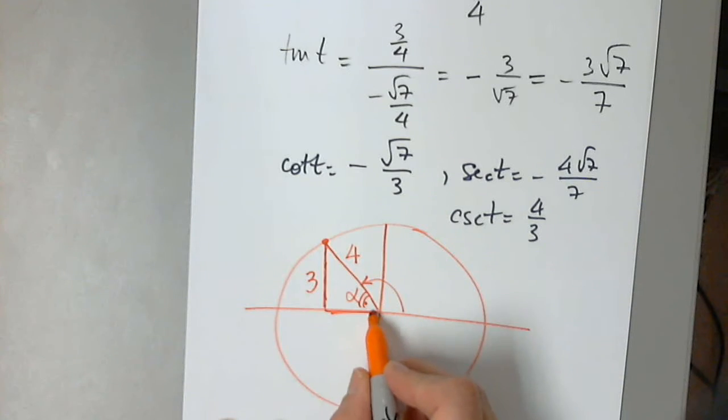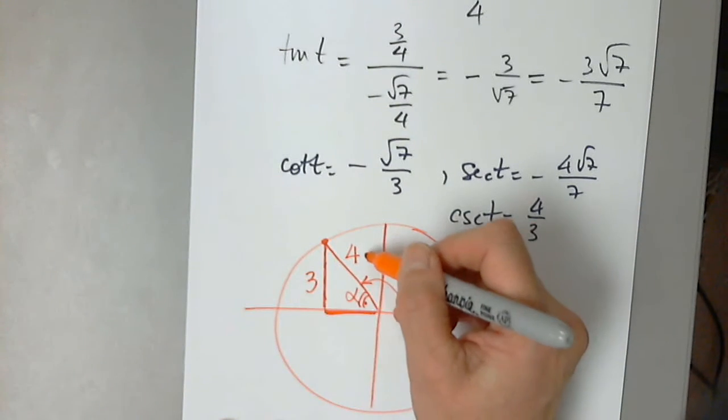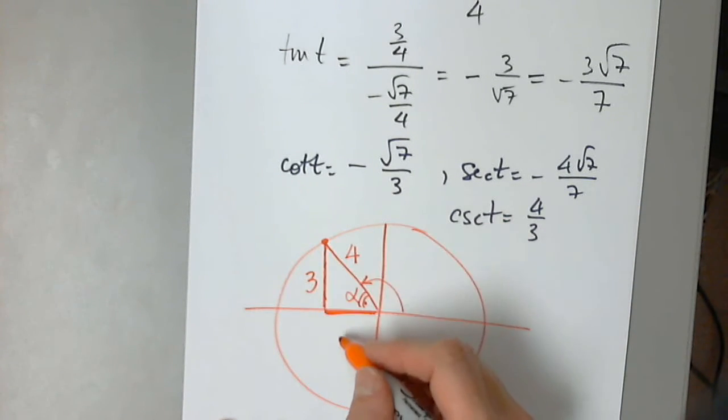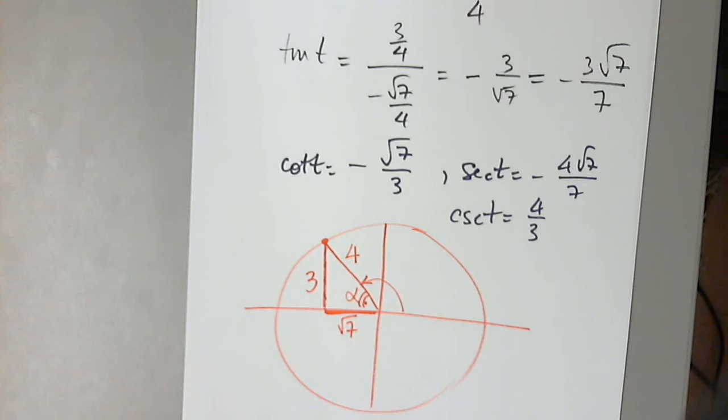Then you have to determine the other leg, which will be the square root of 16 minus 9, which is the square root of 7. So sine is 3/4, but cosine is negative, because cosine is negative in the second quadrant and the third quadrant.